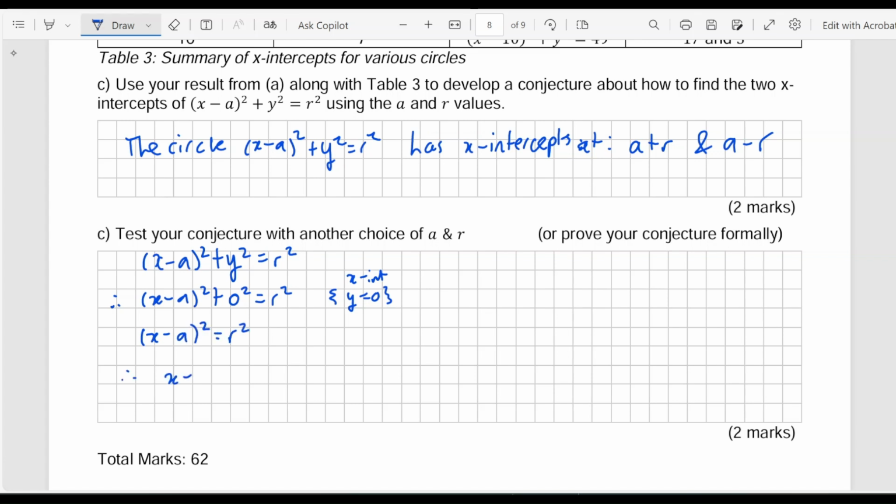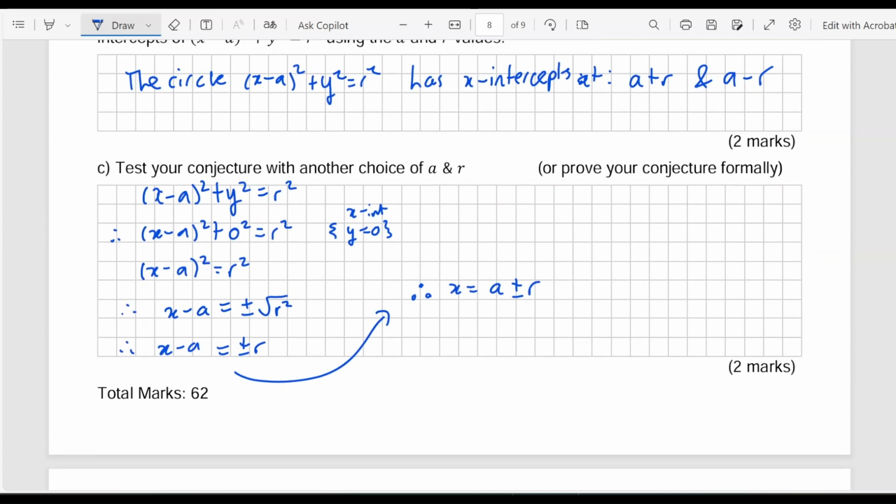Therefore, x take a is plus or minus root of r squared. So in other words, that is plus or minus r. Therefore, x is a plus or minus r. So x is a plus r or a take r. And that's what a formal proof of that conjecture could look like.